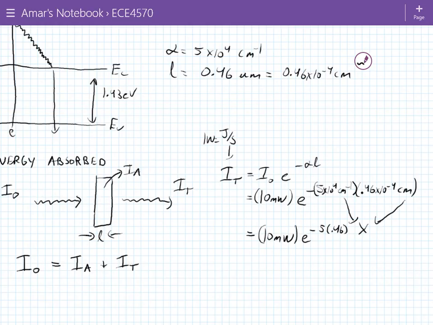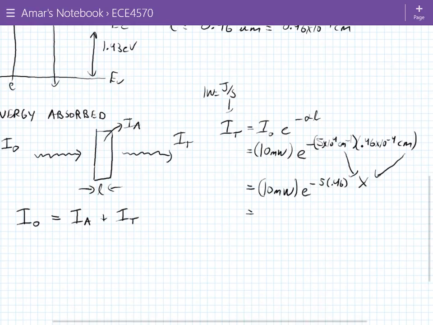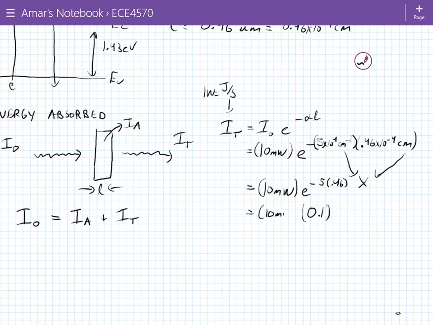Someone can help me with the math there. We will get the transmitted light. If I remember right, yeah? Oh, 0.1, okay, thanks a lot. 0.1 times 10 milliwatts. If any of this is confusing, please do stop me. So the transmitted light is 1 milliwatt.